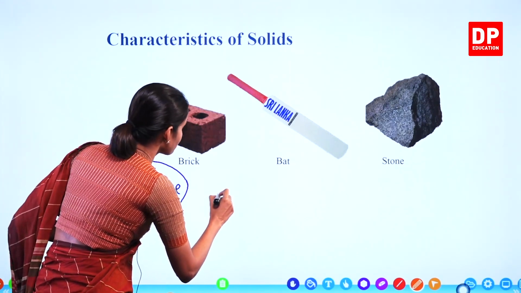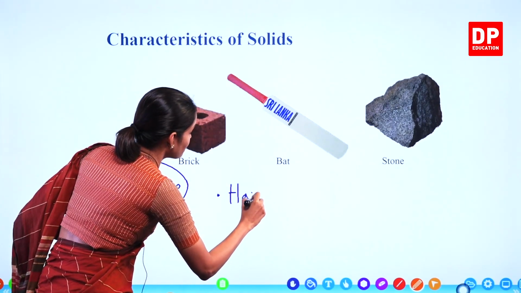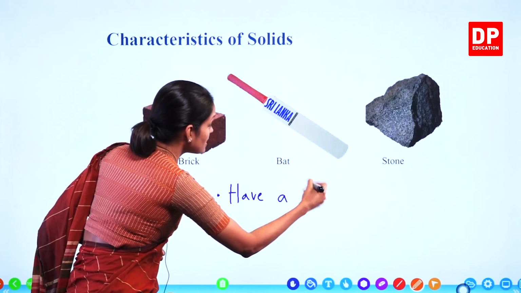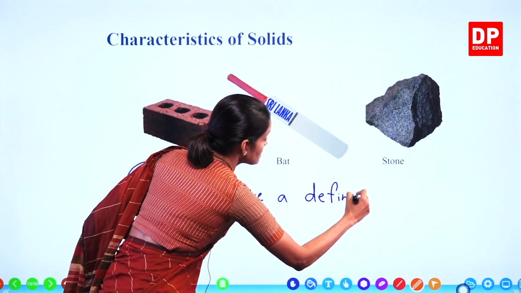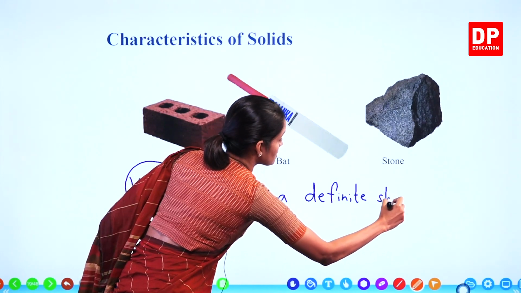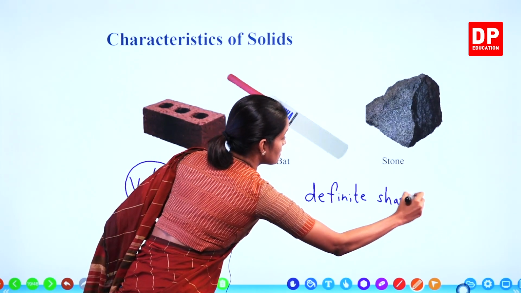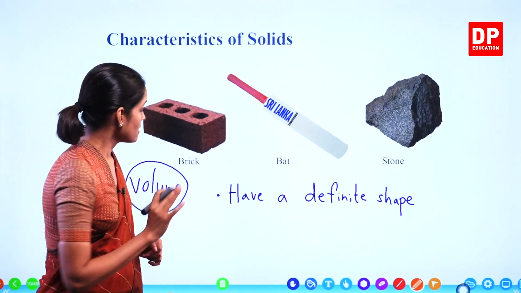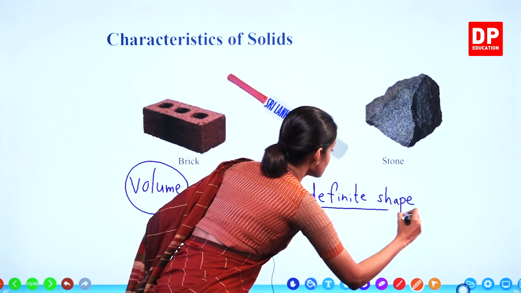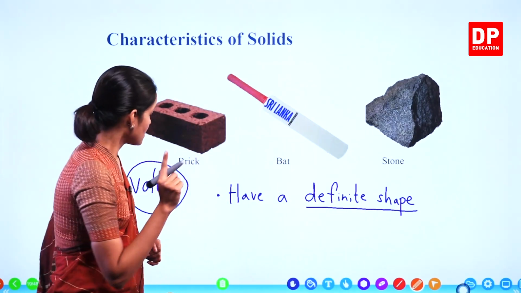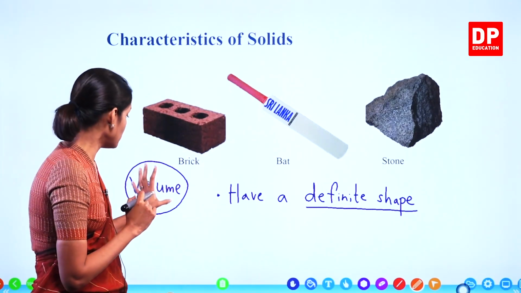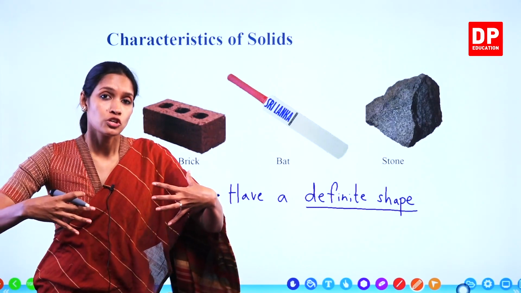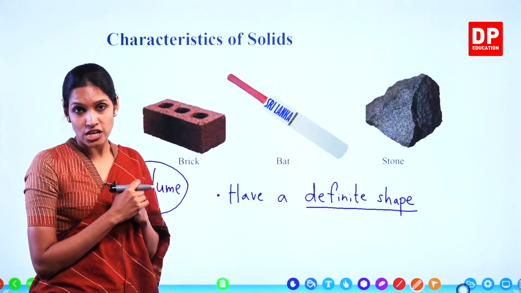They have a definite shape. Understand, children? So definite shape is the first characteristic. What can we tell about the volume? Now what is volume? Volume means the space occupied by a certain object.